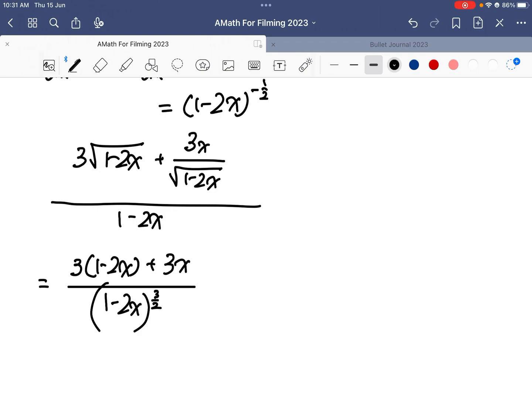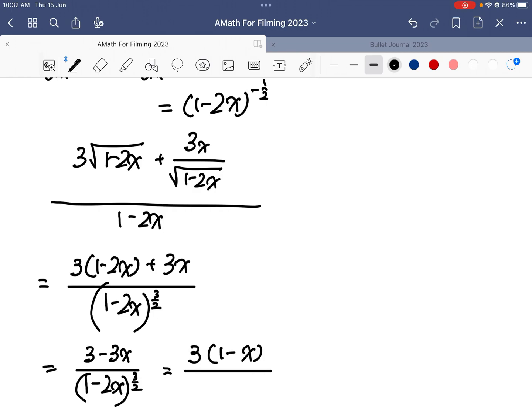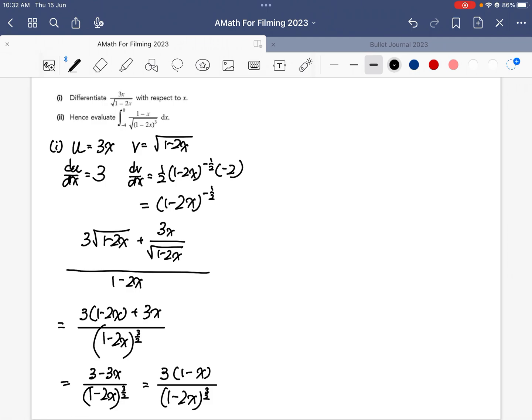If I simplify everything, I get 3 minus 3x over 1 minus 2x to the power of 3 over 2. I can further factorize this as 3 times 1 minus x divided by 1 minus 2x to the power of 3 over 2. So when I differentiate this with respect to x, I get this result here.